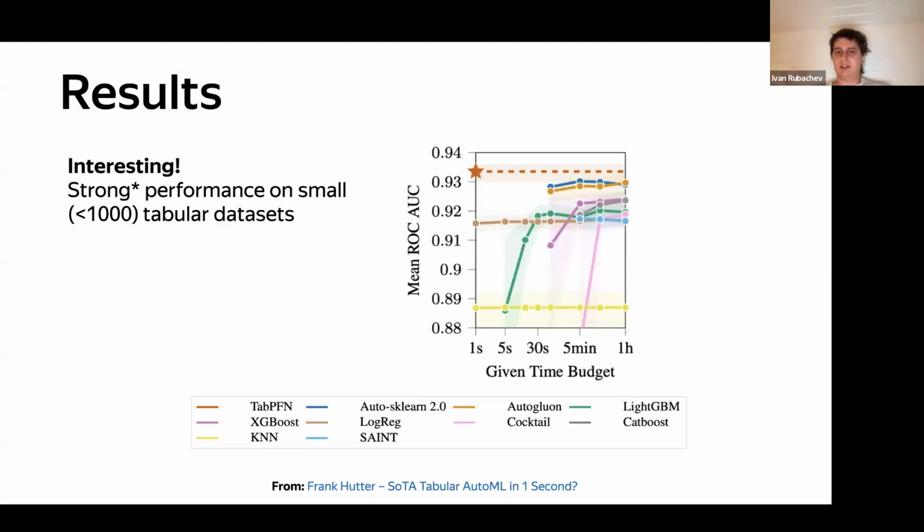And the main selling point at this point was that it's performing in under a second on a GPU, and it beats the gradient boosting tree or automatic machine learning baselines, which require some hyperparameter tuning.